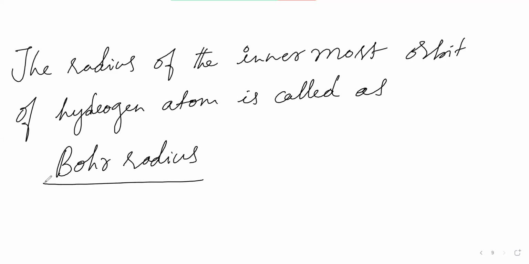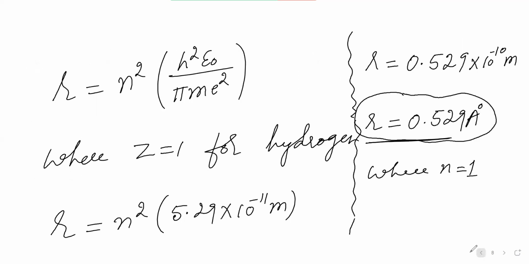Maybe one more question: define Bohr radius. And the radius which we got here is R equals 0.529 Angstrom. All right. So this is all about the derivations. Hope it is clear.